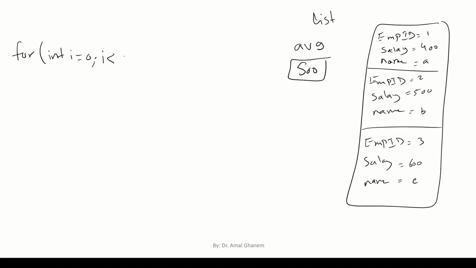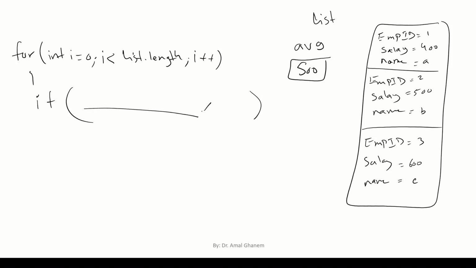I should go up to the end of the array, which is list dot length, i plus plus, and then I should have an if condition, and I have to say if the salary of this employee is below the average, below 500.